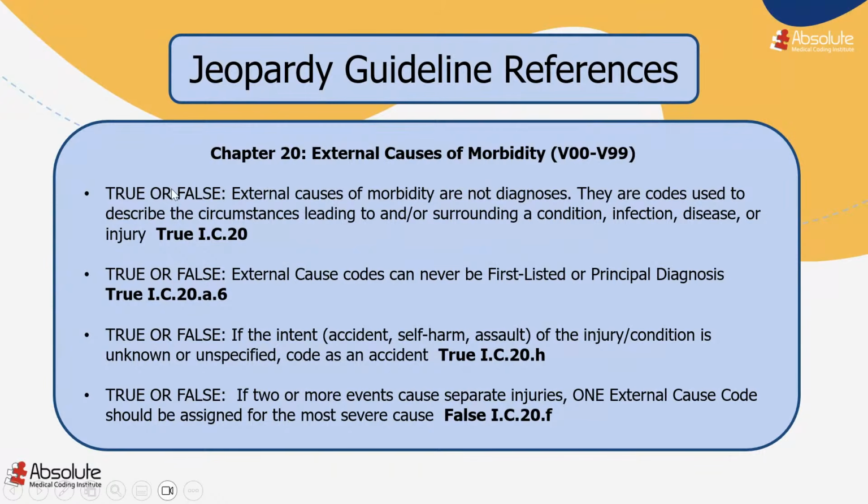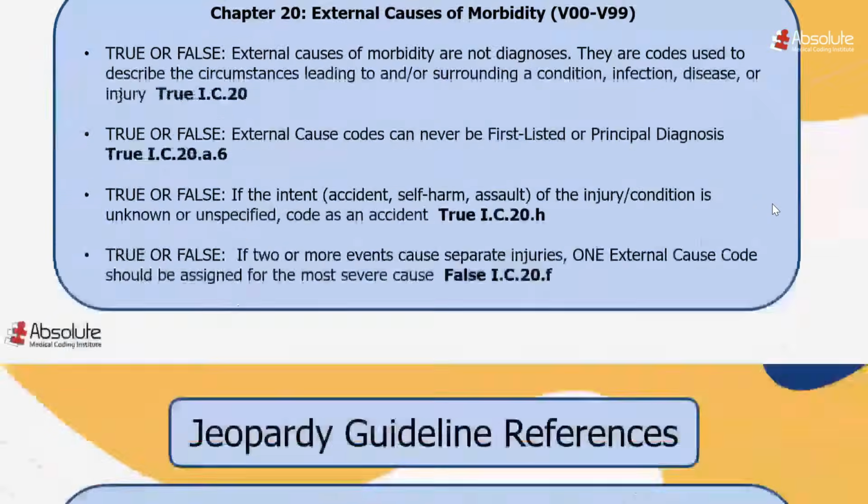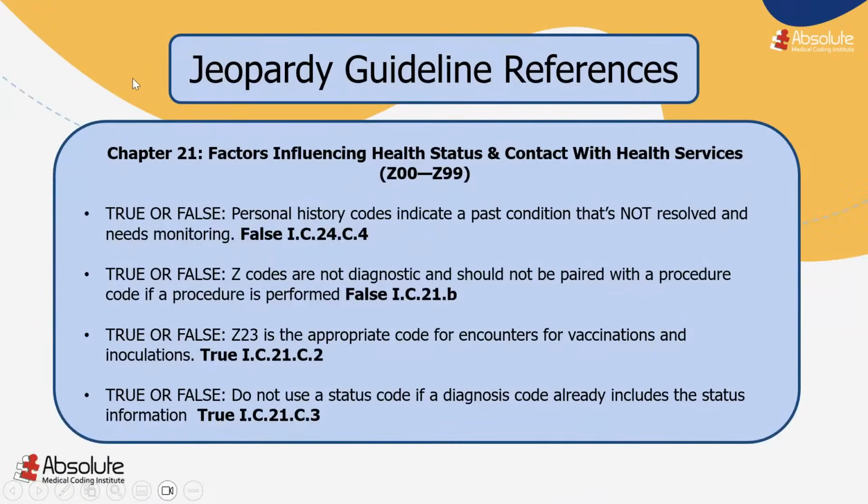Again, question, answer, and guideline. And then last but not least, we have our chapter 21, factors influencing health status and contact with health services. So all of those Z code guidelines. All right. So I'm going to now switch over to our Quizlet.